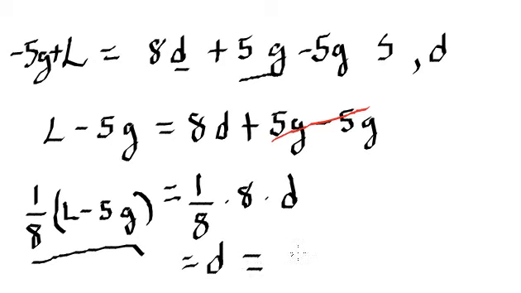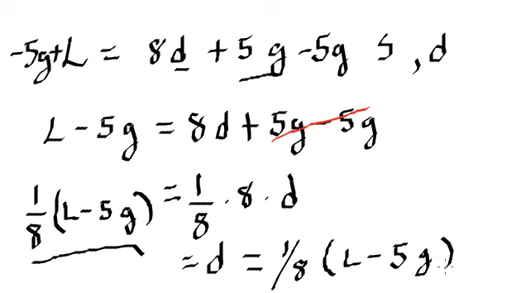Actually, I'm going to rewrite it right over here: 1 over 8 times L minus 5G. And yes, you can distribute this 1/8 across, but I'm just going to leave it just like it is.